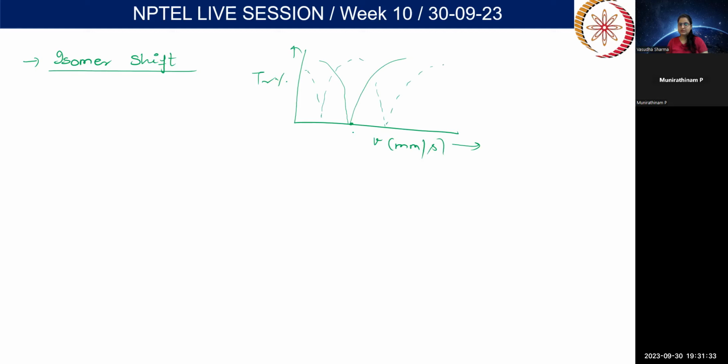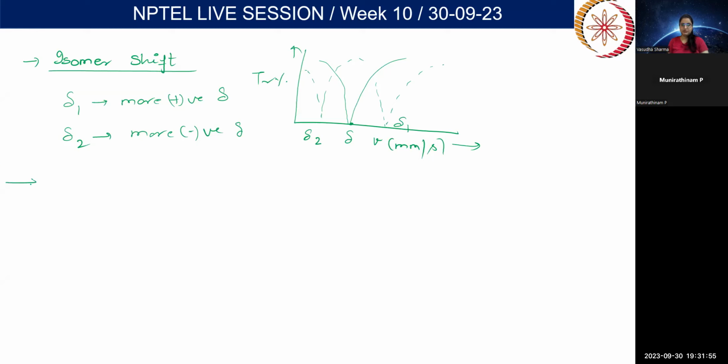So if this is my delta, this is delta 1, this is delta 2. Delta 1 is more positive compared to delta, and delta 2 is more negative compared to delta or delta 1 also. So this is how we see the shift from its original position.